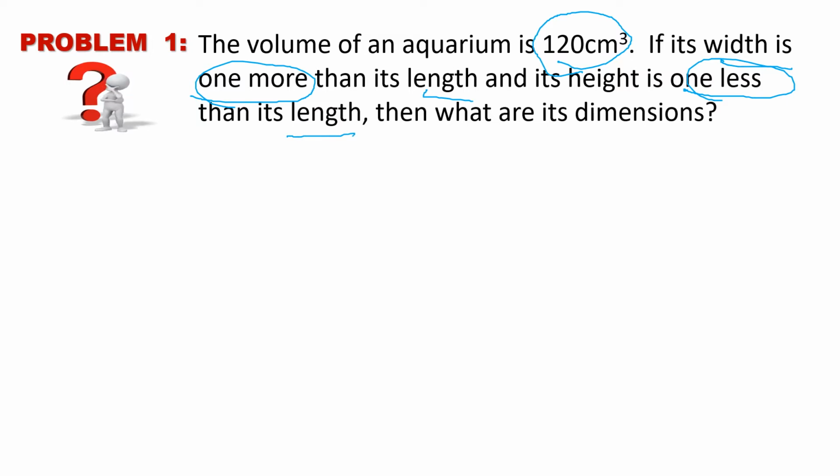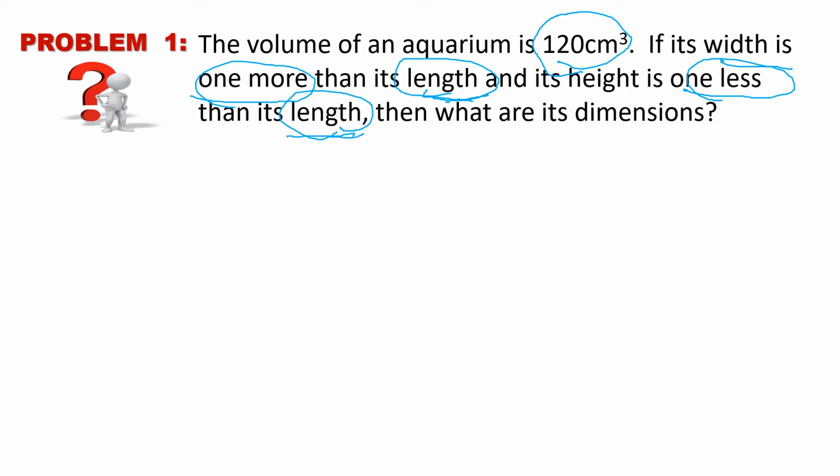So take note that length is the point of comparison, the only one being compared, and it's stated here twice. Therefore, our basis is length, so our x represents the length.